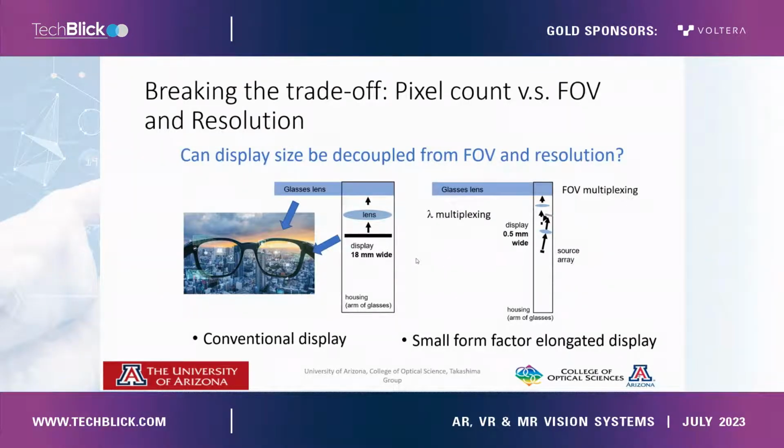Suppose we have 18 millimeters of display right next to my eye. This doesn't allow us this kind of nice, all-day wearable display. So we have to decrease the pixel size or pixel counts without losing the number of pixels displayed, as well as the resolution to be displayed.